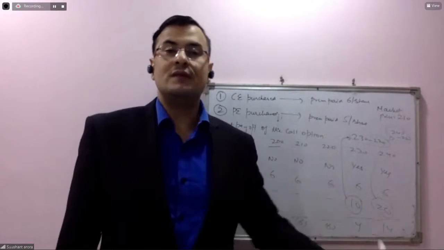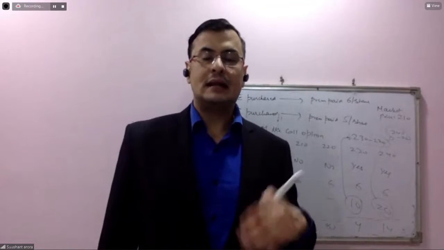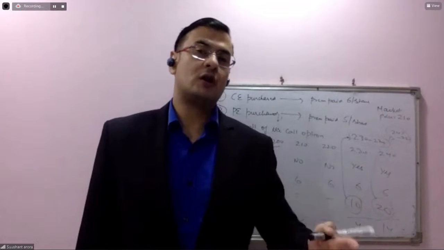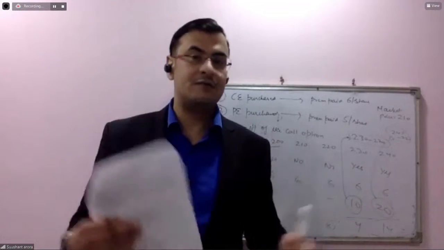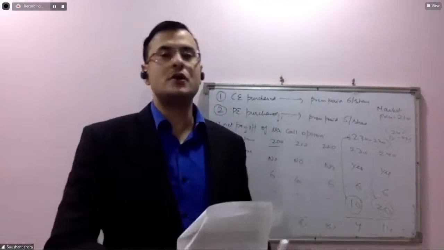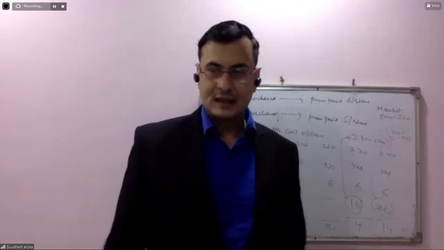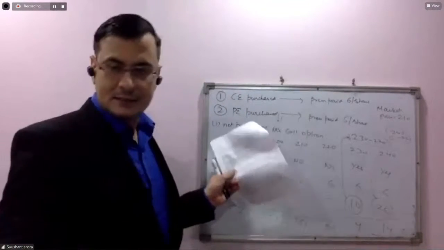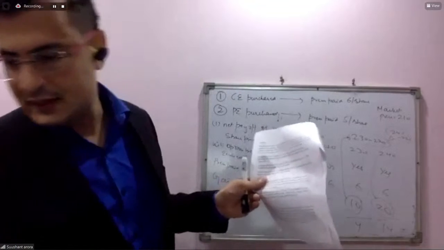The examiner may even ask you what the break-even point is for a call option or put option, because papers are coming very conceptual. So you can't just hold yourself only to a single thing. Okay, clear? So can we do similarly the net payoff for the put option? Similarly in that case.